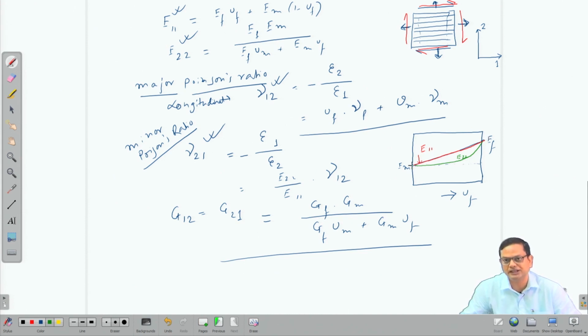Also, you can see from here that E11 is mostly dependent on the value of Vf, the volume fraction of the fiber, but E22 is mostly dependent on the value of Em. It does not really vary that aggressively with the value of Vf, but it is mostly dependent on the value of Vm.